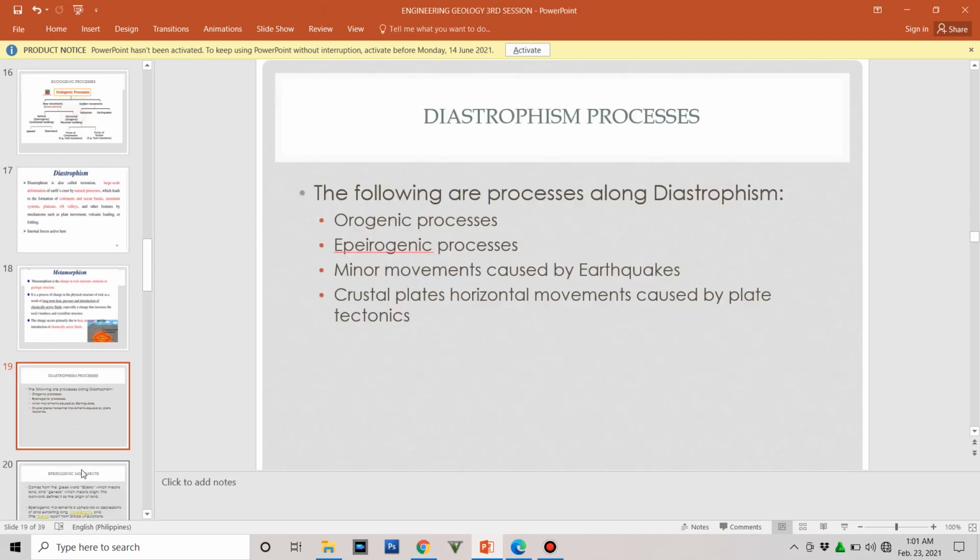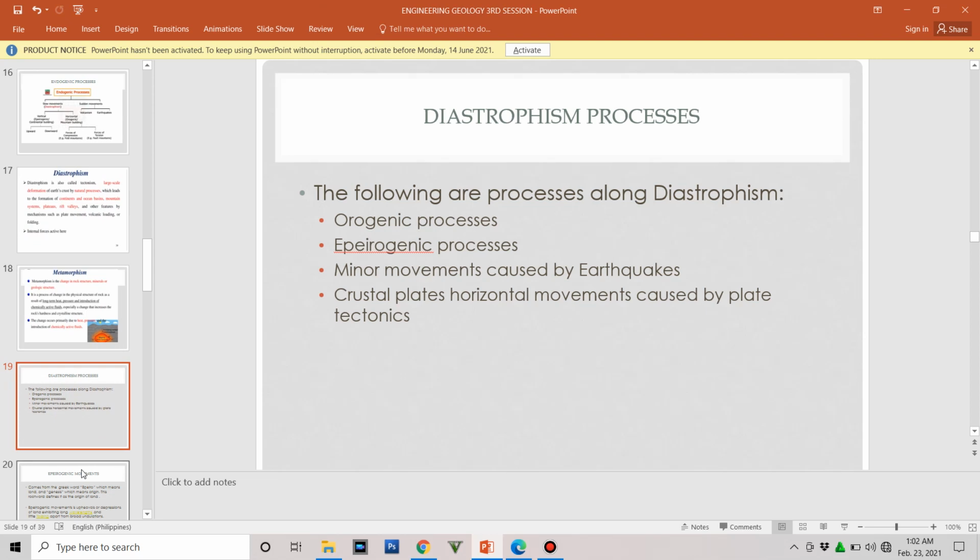So the following are processes along diastrophism. First we have orogenic processes, EPEIROGENIC processes, minor movements caused by earthquakes, crustal plates, horizontal movements caused by plate tectonics. So let me reiterate yung number 3, minor movements.